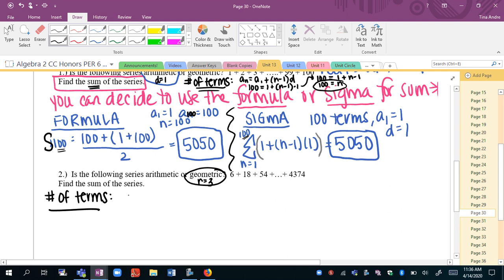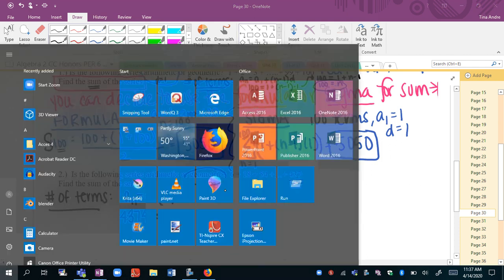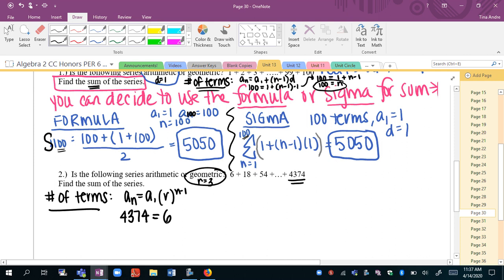Remember, it's a sub n equals a1 times r to the n minus 1. This is my a sub n, the term I'm trying to figure out the position of. So that's going to be 4374 equals the first term times the common ratio, to the n minus 1.